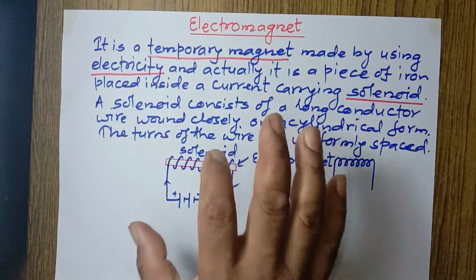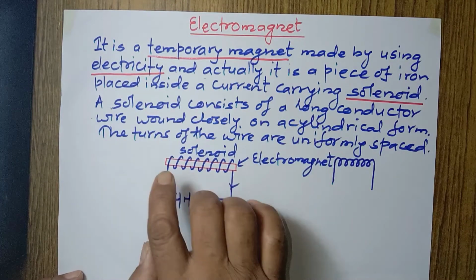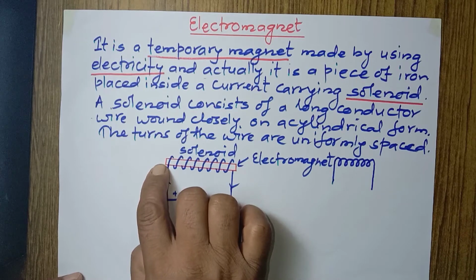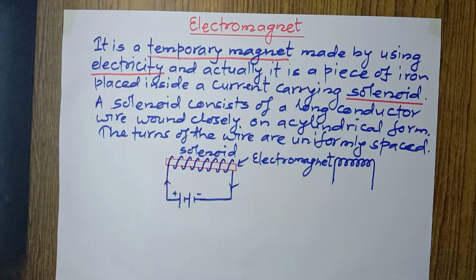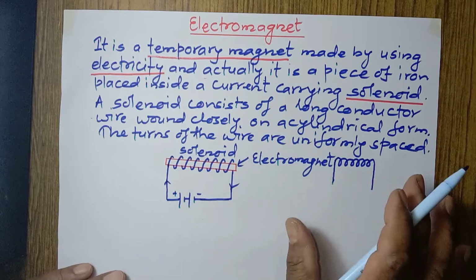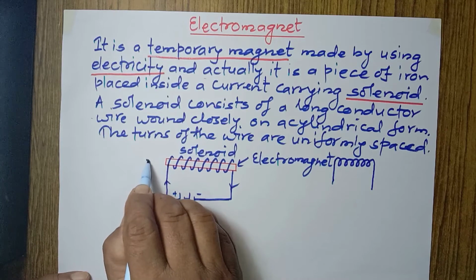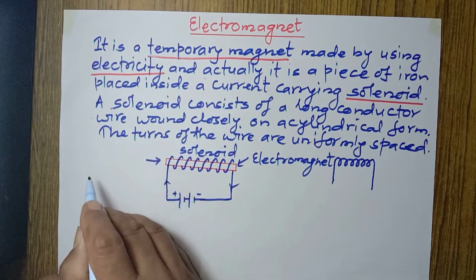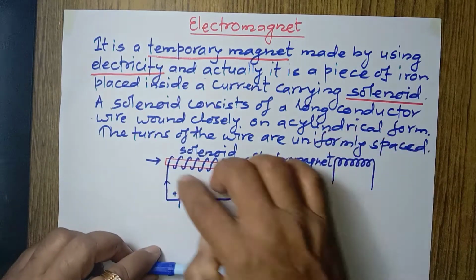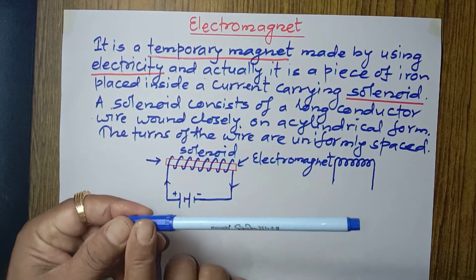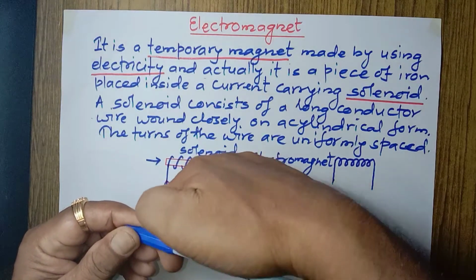Now, one question may come in examination. Let's say in this case, this end of the iron piece or electromagnet becomes north pole, or this end. It can be declared this way. Look at this. If we see this solenoid from this side, then what happens? If you think about this iron piece, the current is passing up this way and goes back and comes again up.